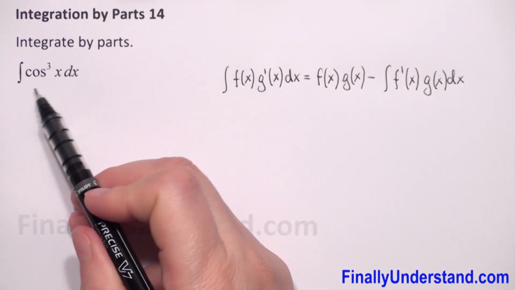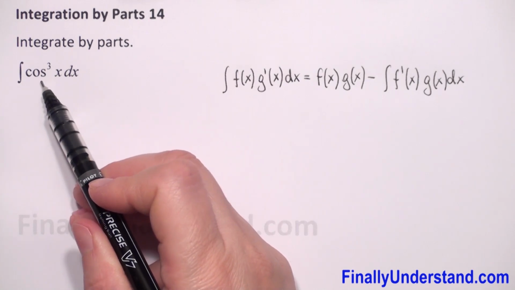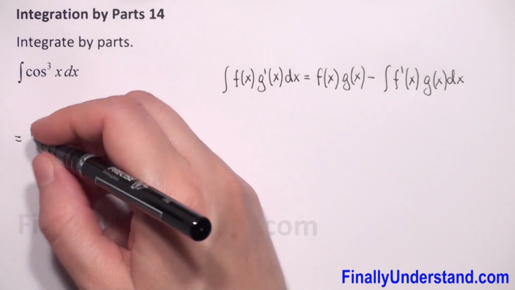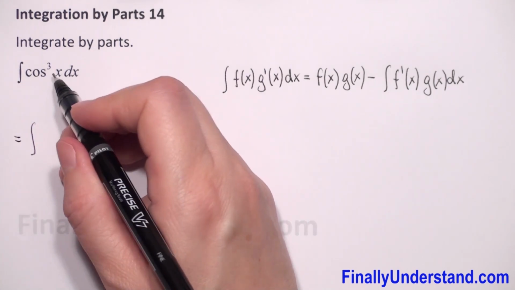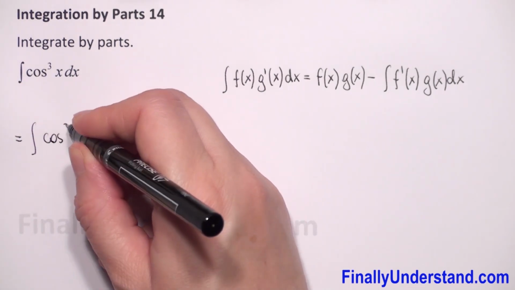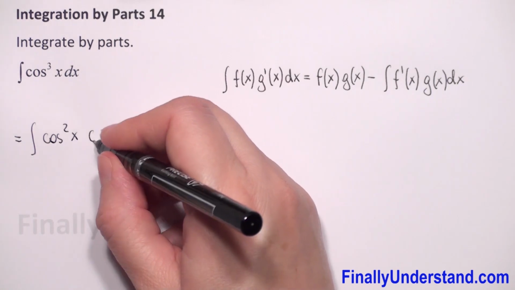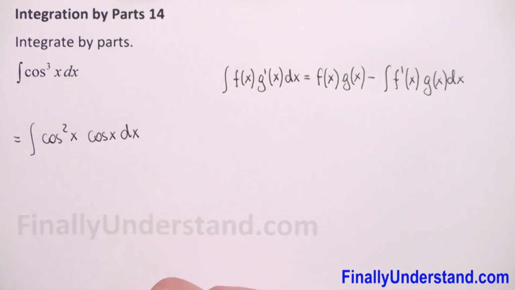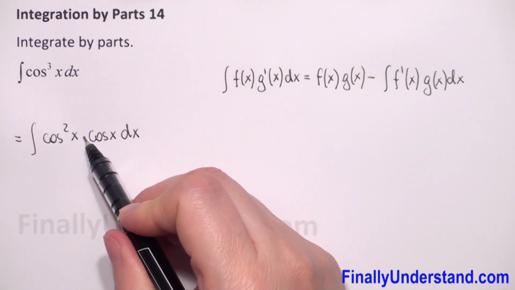So we need multiplication here. We have only cosine cube, so I will rewrite our cosine cube as cosine square of x times cosine of x with respect to x. Now we have multiplication.